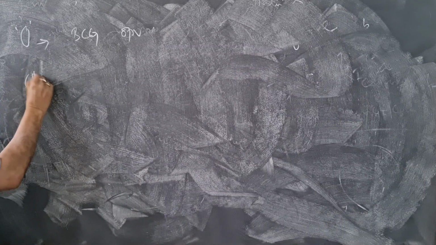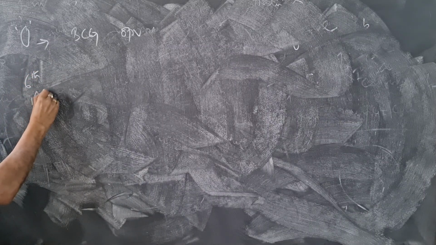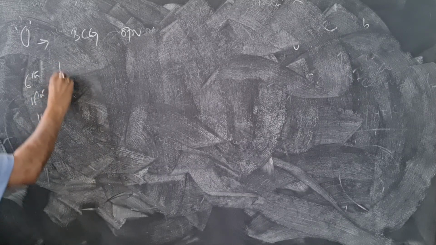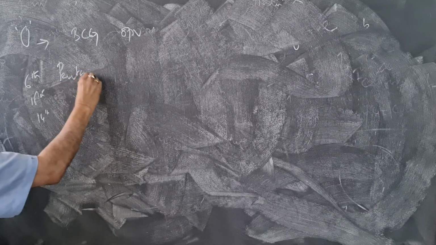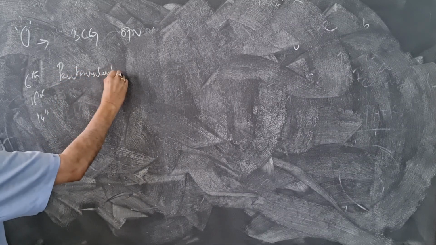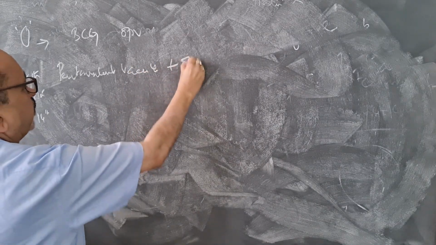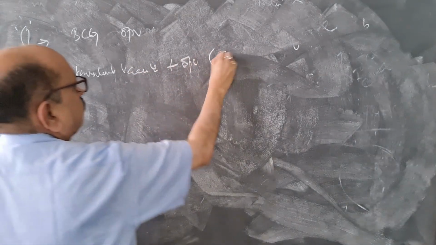Oral polio vaccine is called the Sabin vaccine, and BCG, Bacillus Calmette and Guerin, is given to prevent tuberculosis. At the 6th, 10th and 14th week, we give pentavalent vaccine plus OPV.